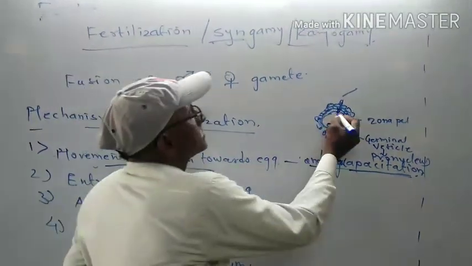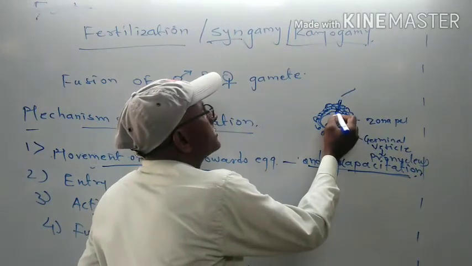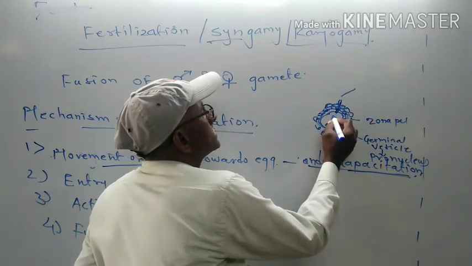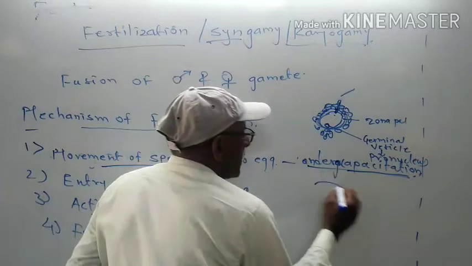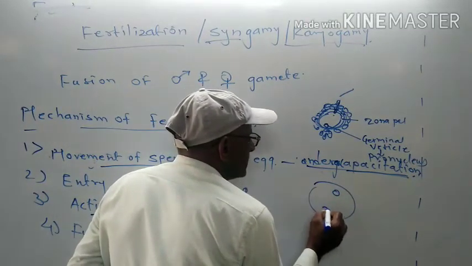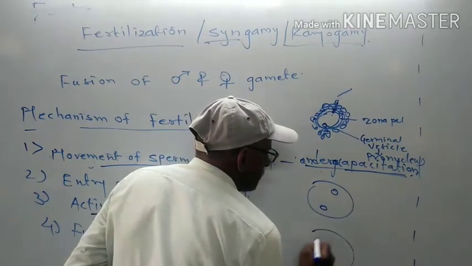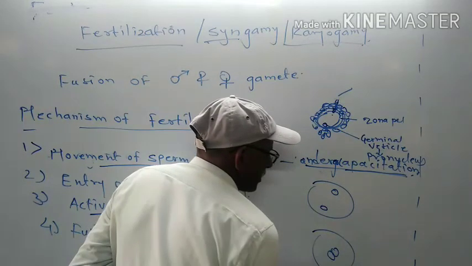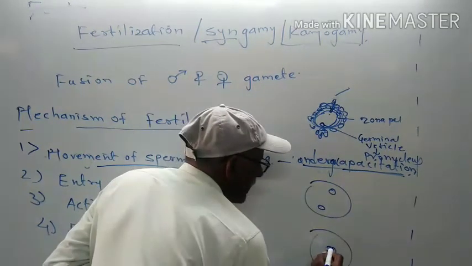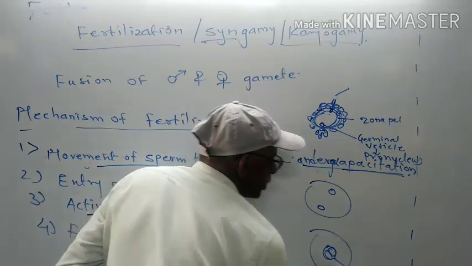After this, the sperm head has a pronucleus, and this pronucleus and the female pronucleus get fused, and after this fusion a zygote is formed.